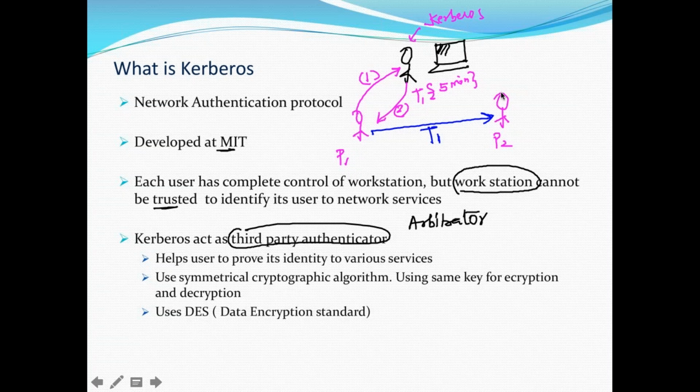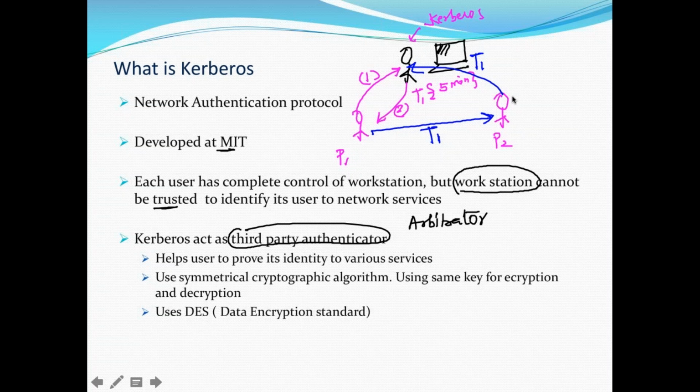P2 goes again to Kerberos and provides this token T1 to the arbitrator. Kerberos says, yes, boss, T1 is valid, you can go ahead and give this permission.